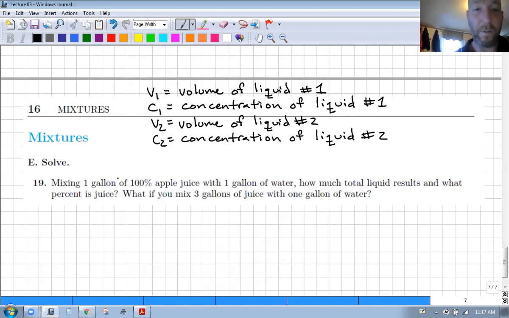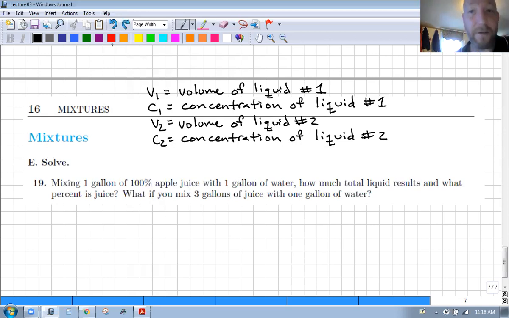So if we're mixing a gallon of 100% apple juice with 1 gallon of water, this is our second liquid here. We get 1 gallon, so that's V2. And the concentration, well, since this is pure water and has no juice, concentration 2 here would be 0%. Water is 0% juice.